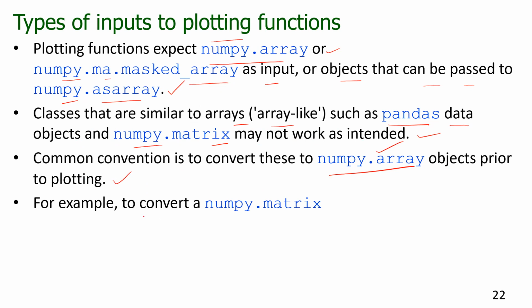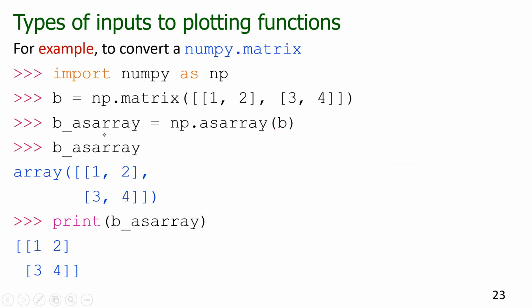Then how to convert this one? Let us see one example to convert a numpy.matrix. Here is the following example which converts a numpy matrix. First you are importing numpy: import numpy as np. Now we are taking a matrix 1, 2, 3, 4 combination that is stored in b.